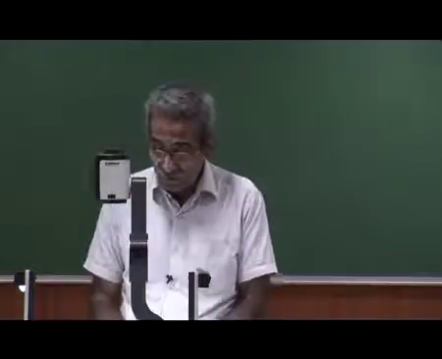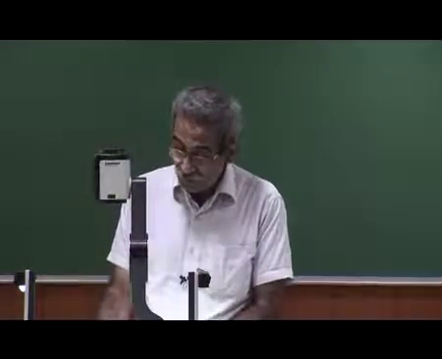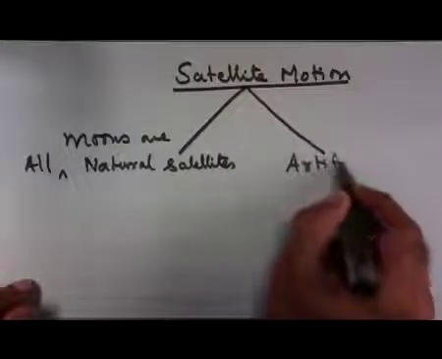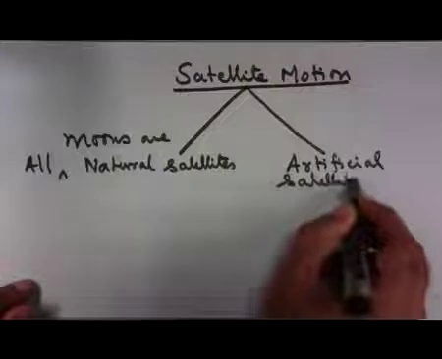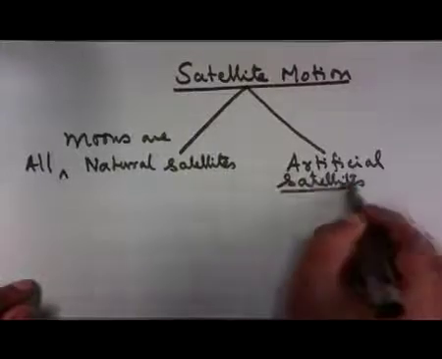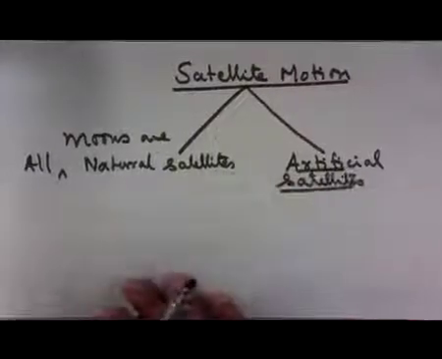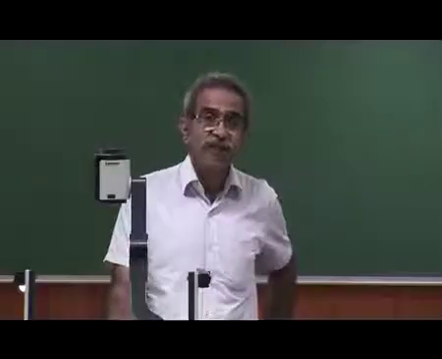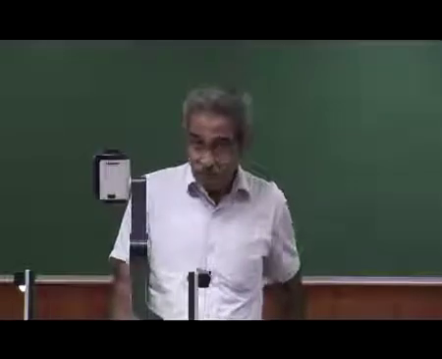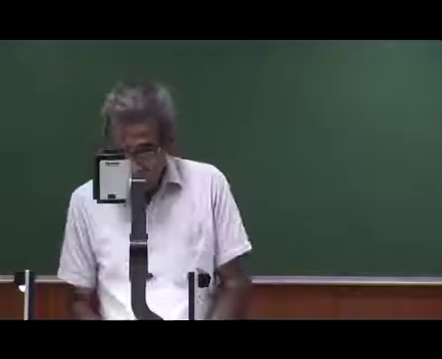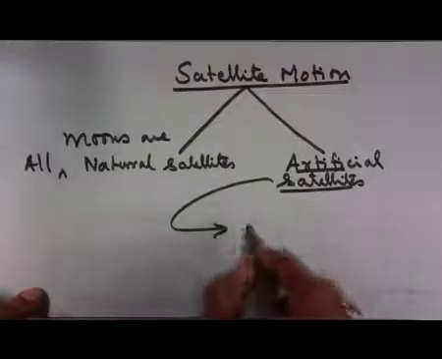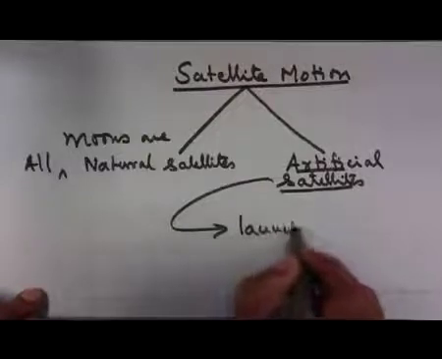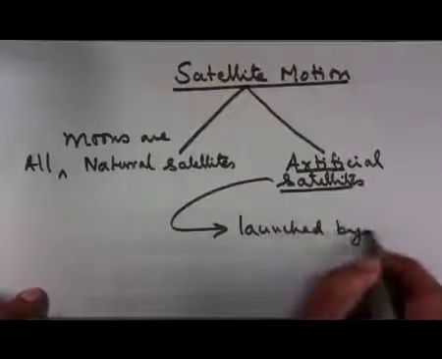Then we have what we call artificial satellites, which we are able to launch and put around the Earth. These are launched by us, the humans.